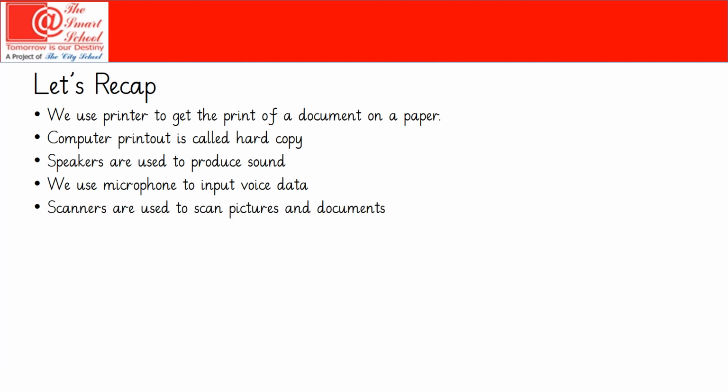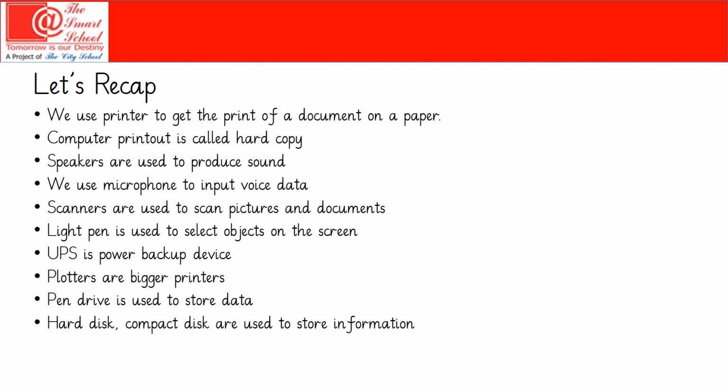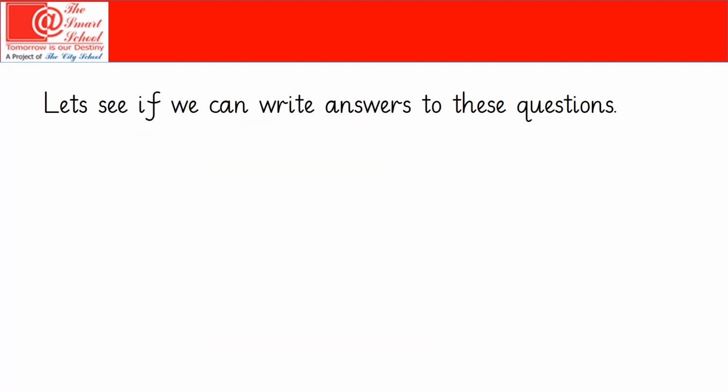Scanners are used to scan pictures and documents. Light pen is used to select objects on the screen. UPS is power backup device. Plotters are bigger printers. Pen drive is used to store data. Hard disk, compact disk are used to store information. Software is a computer program. Now let's see if we can write answers to these questions.